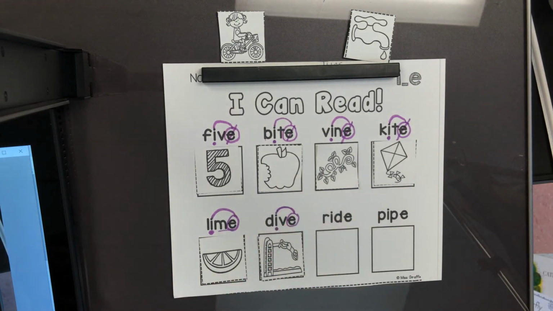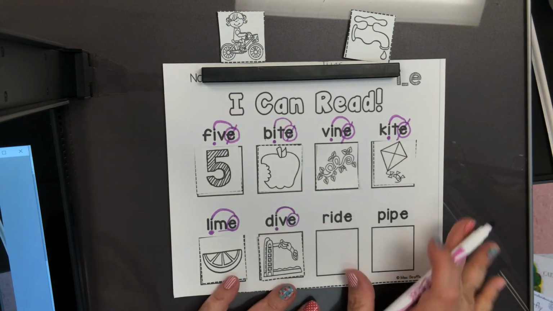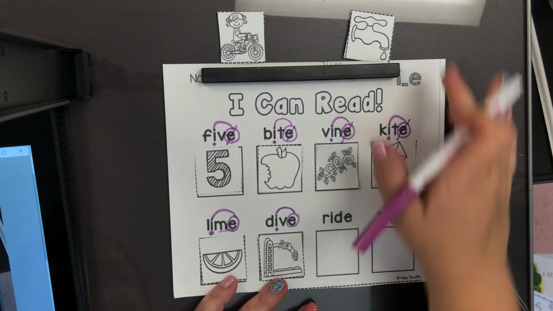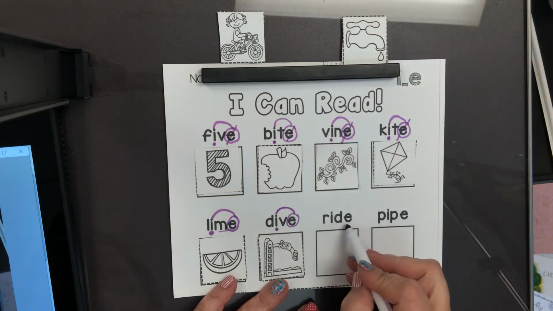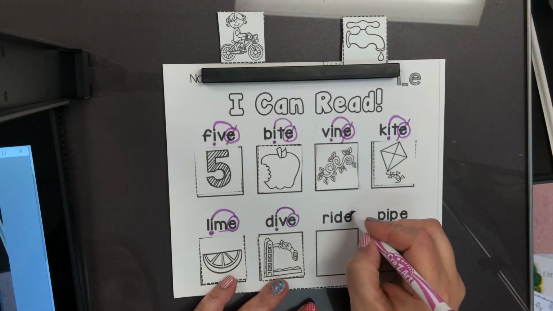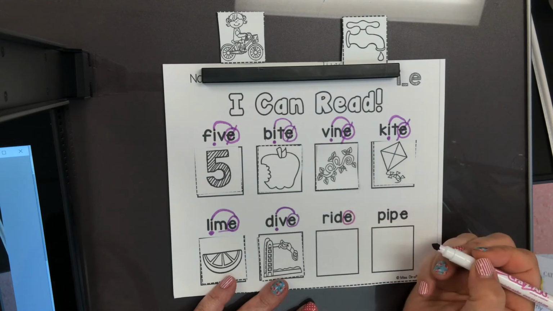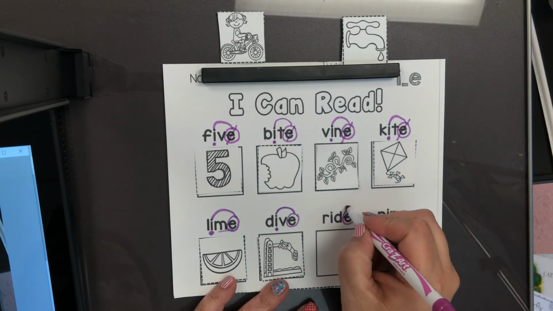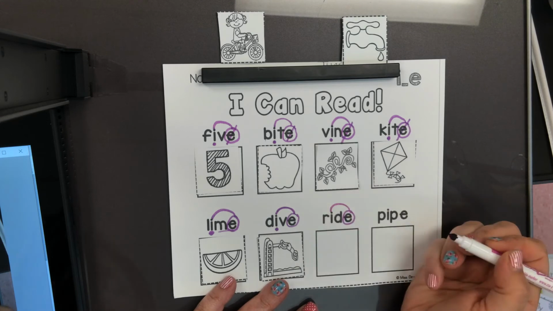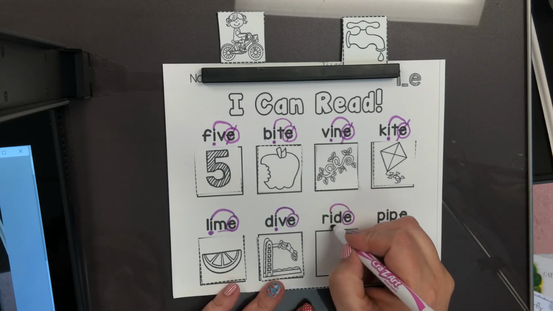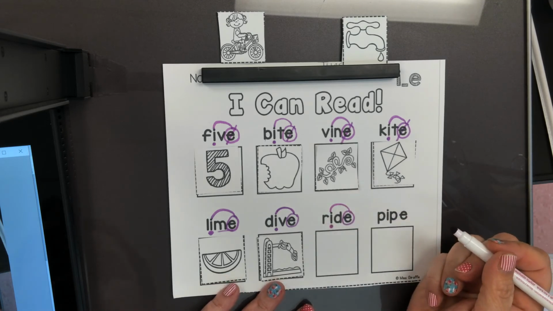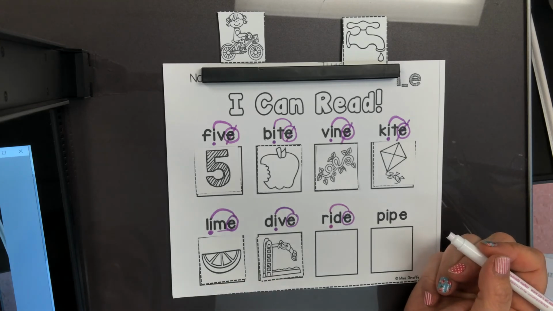There are only 2 more words for us to decode or sound out. Let's do the next word. It does end in an E. It does jump over a consonant D. That makes the I say I. Try and sound out this word.